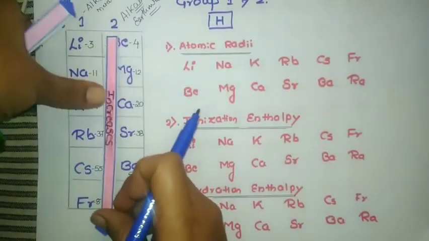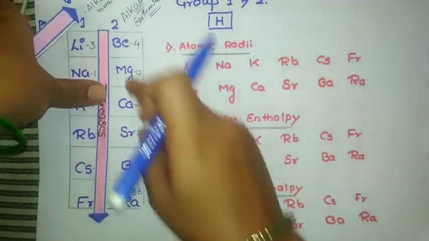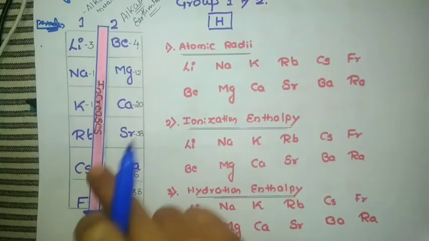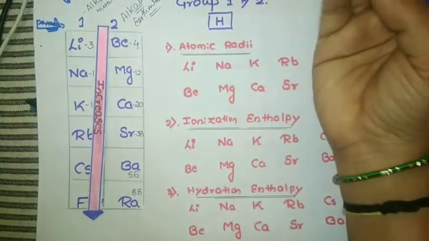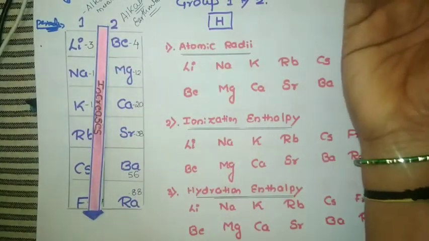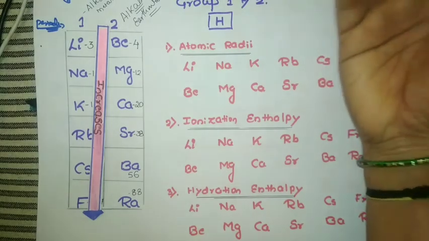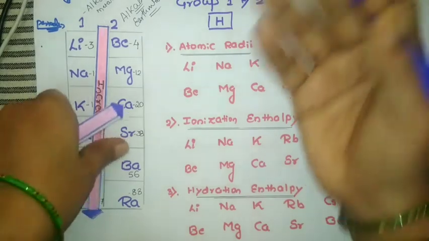So what is the trend, students? As we go down the group, the atomic radii, or size of the elements, increases.